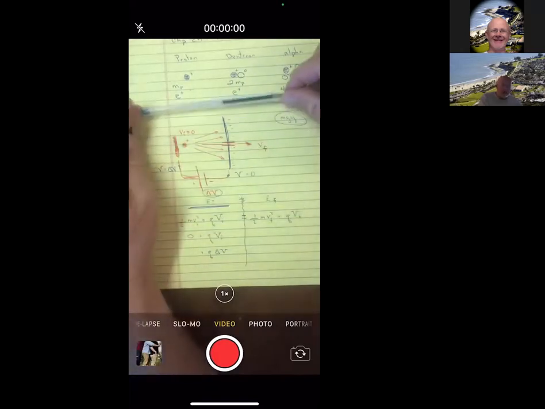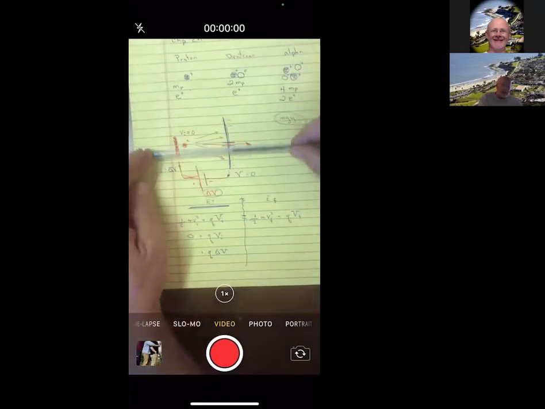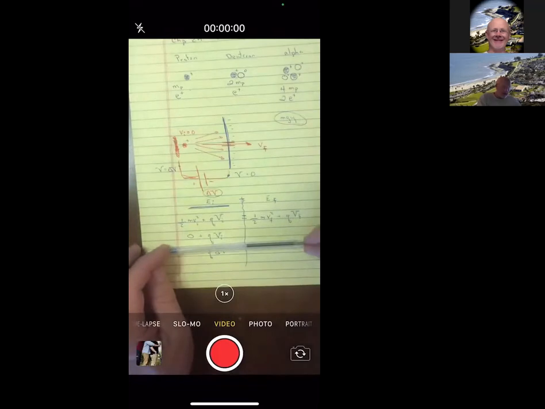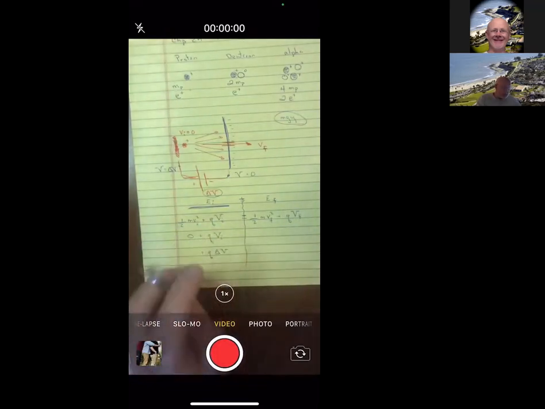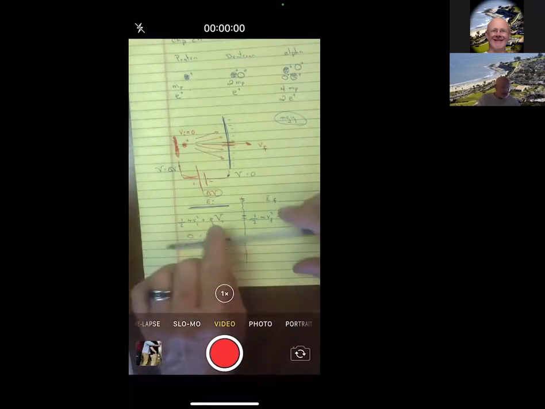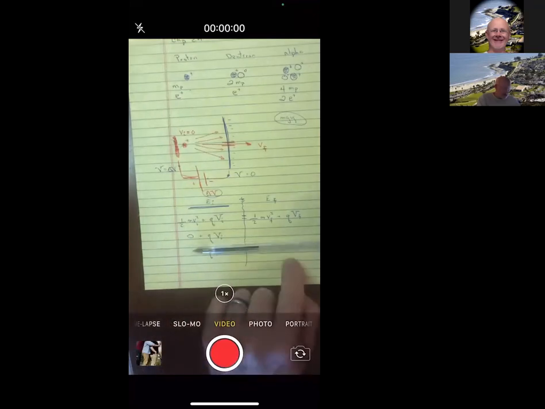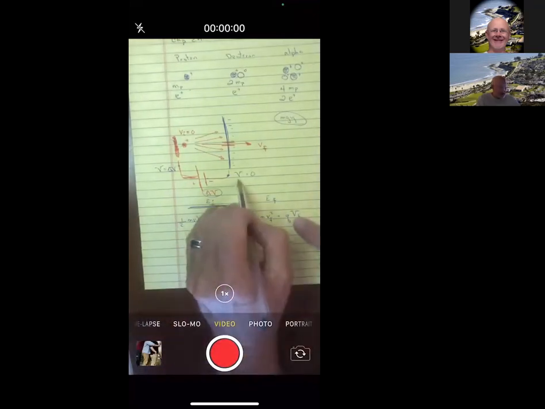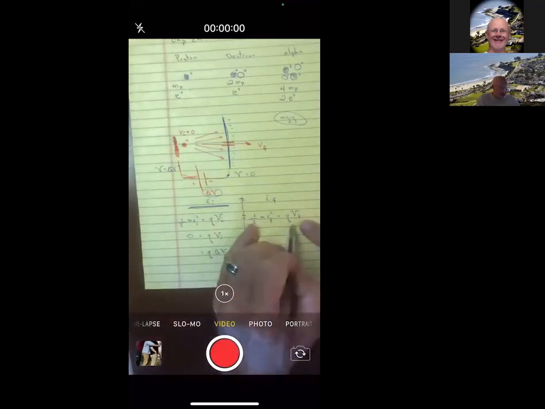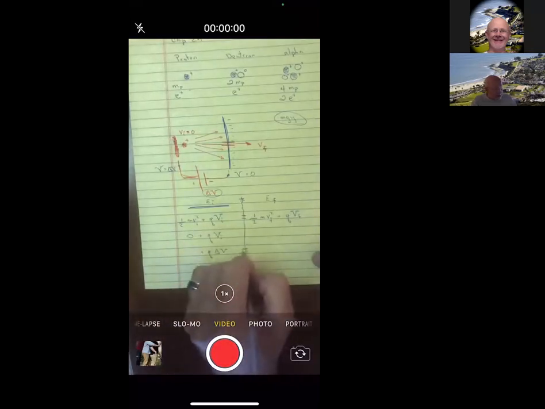We could have called the top 0, and then as the ball falls down, its final position would be negative. But the way I set it up is a lot like calling the starting point one with a lot of potential energy and the ending point one with no potential energy. So if our final potential is 0, then qΔV has to be equal to 1/2 mv squared.